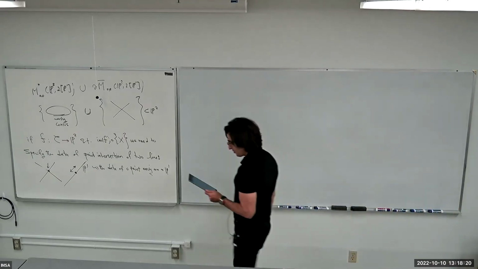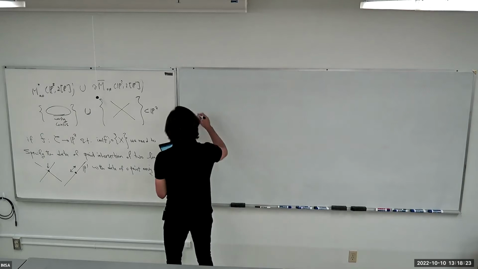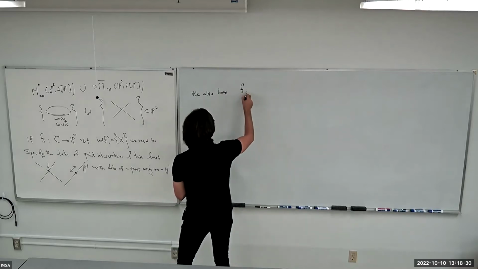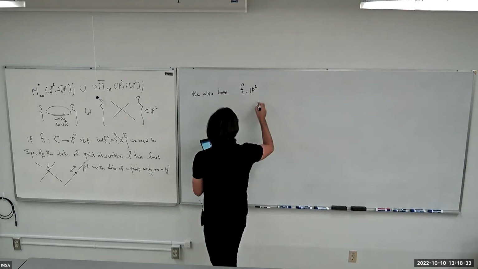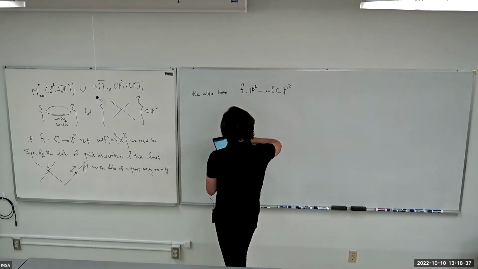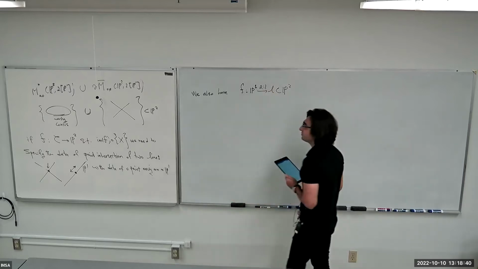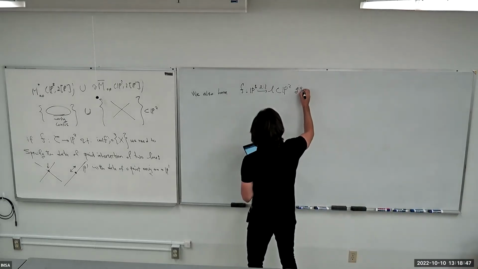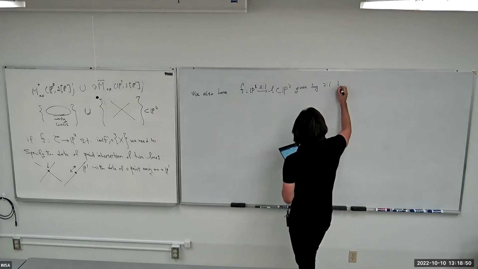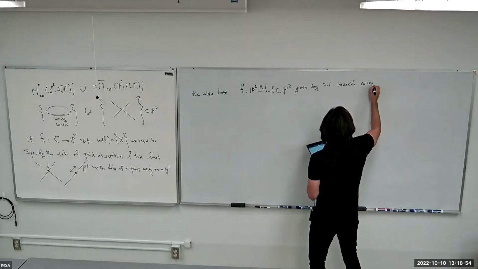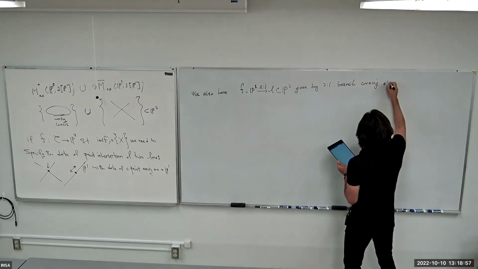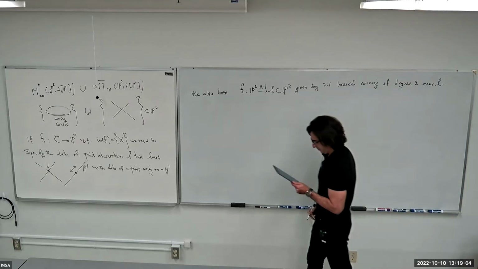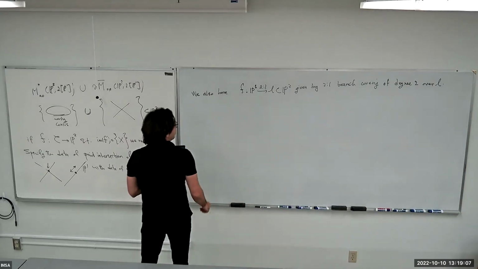And then we have another case. We also have maps from P1 to a line in P2 such that the mapping is a 2-to-1 branched cover of degree 2 over L, the line in P2.